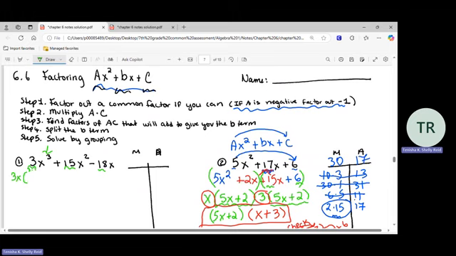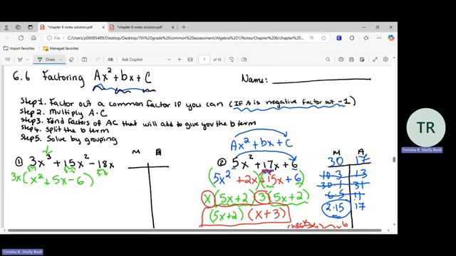Remember that process? 3 times 5, 3 times 6. Then I would be left with x squared plus 5x minus 6.